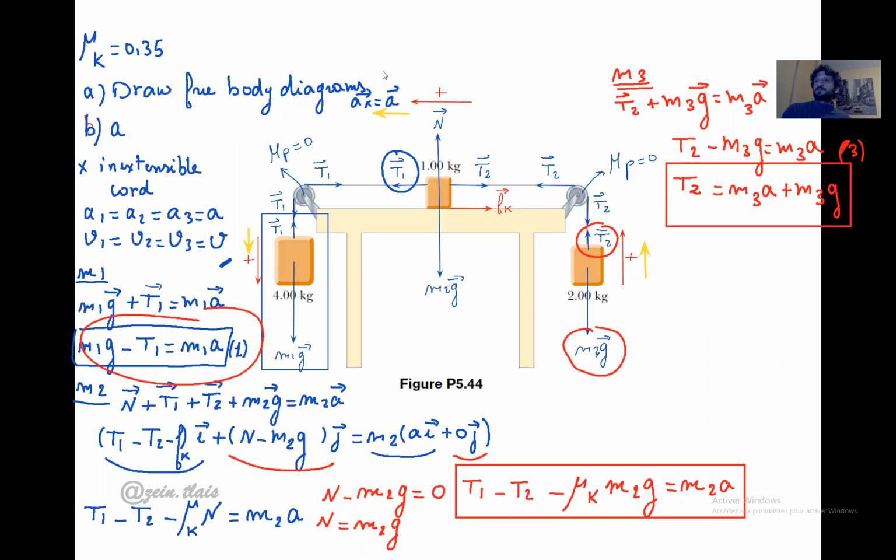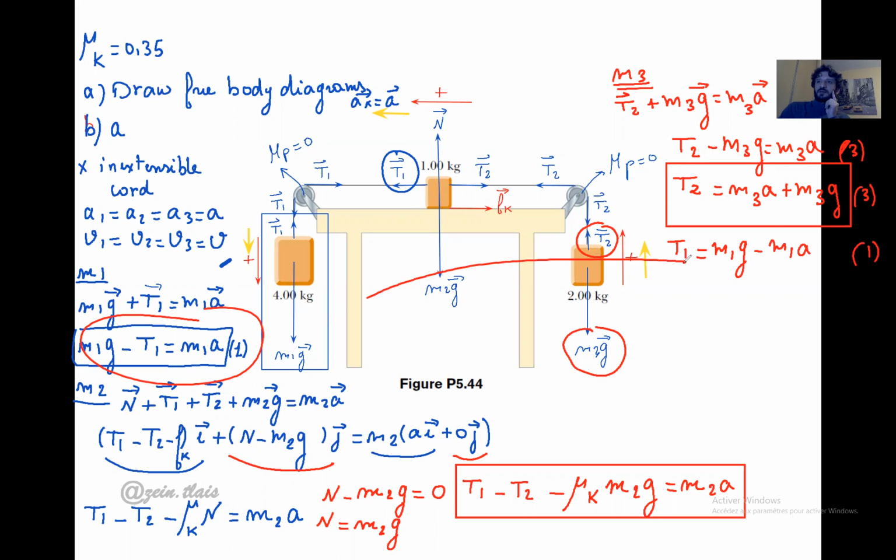The third equation. Okay, equation 1, this one, we can write T1 equals... excuse me, the third equation, T2 equals M3A plus G. Equation 1, T1 equals M1G minus M1A.